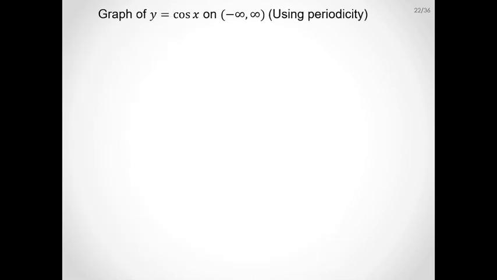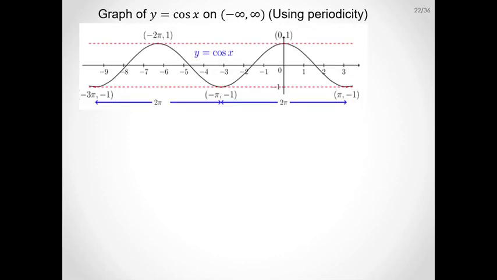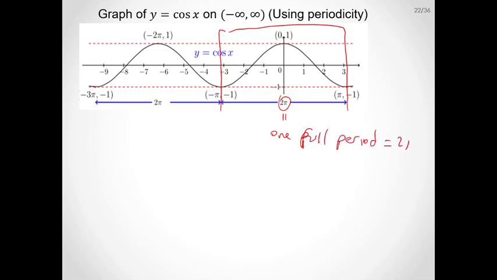Now, how can we extend it? We can take our picture between minus pi to pi, so it will be a 2 pi length graph, and 2 pi is one full period, right? So one period is 2 pi. So if you get a window of 2 pi length, then you can make a copy of it, and you will get the rest of the graph.